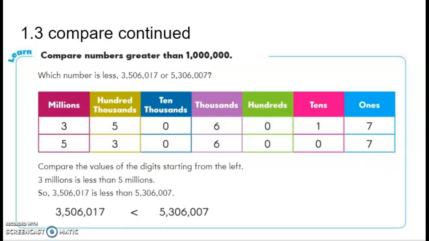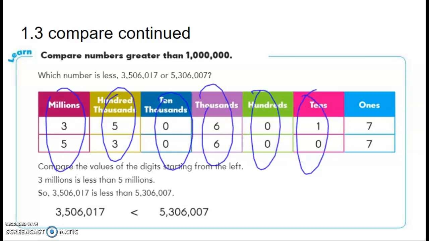So, obviously, we can get even bigger numbers. So 3,506,017 or 5,306,007. Okay, so these, we have 5s and 3s and 6s and 1. So this is why sometimes it can be overwhelming to look at. But if you write it vertically, you don't have to make the chart. I'll show you what you can do in a minute.